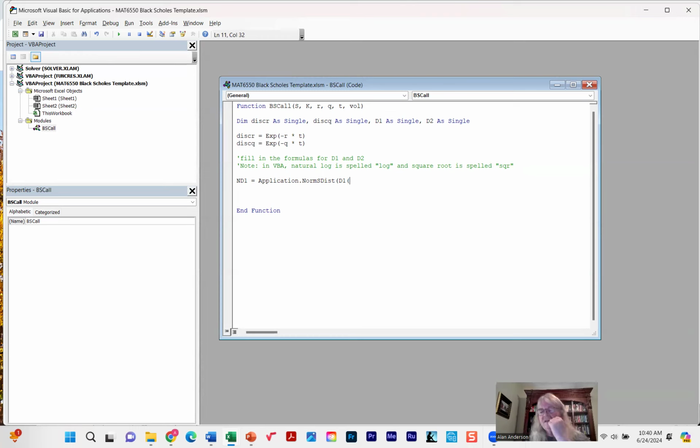In order to bring it into VBA, you need this command, Application dot. I just realized this is not necessary because you're already figuring this out. Just do this. This should do it. I'd written it originally in a slightly different way, and this is a little simpler. Let's do this.